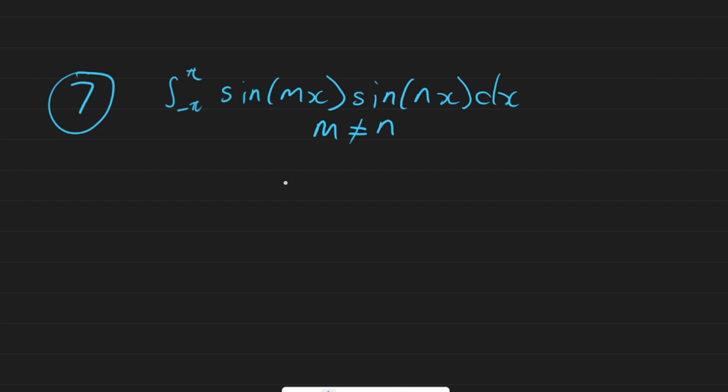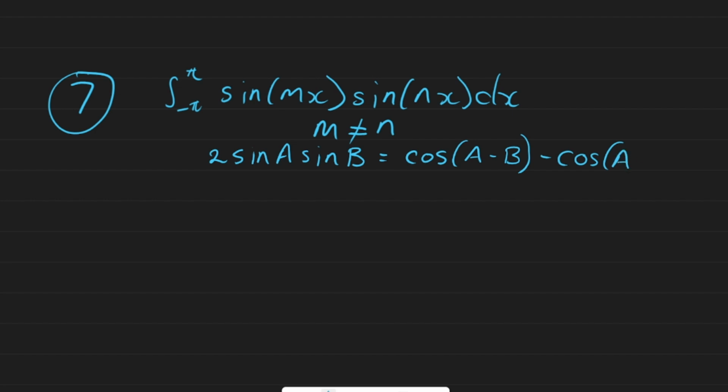So if they're not equal, we need to use our trig identities once more, and the one that we shall use is that 2 sine A sine B is equal to cos of A minus B minus cos of A plus B. And of course, we can divide both sides by 2.